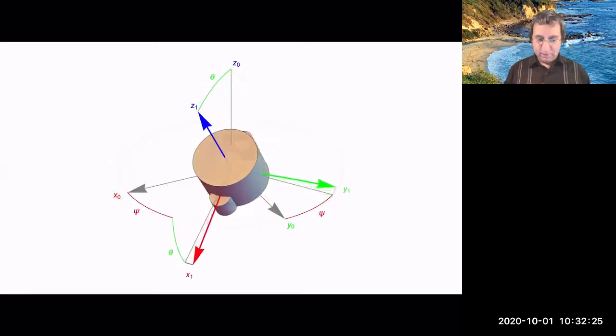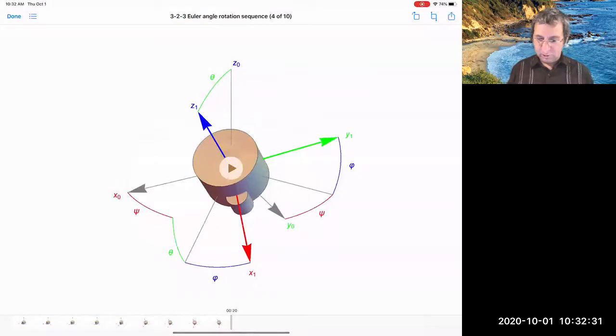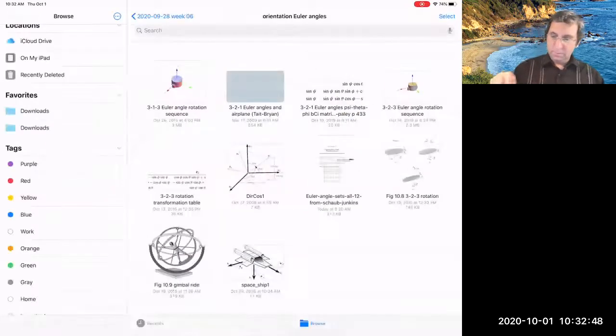And then the number 3 direction's in a new place. So this is slowly showing the arbitrary body fixed frame. How can you get there? You can describe it as a rotation about 3 pure axes. So that's the 3, 2, 3 convention.